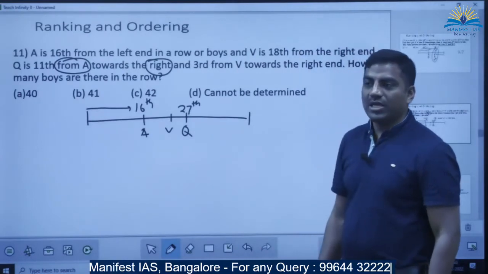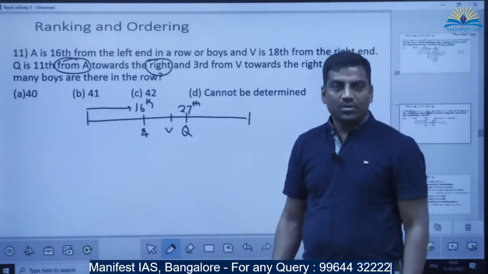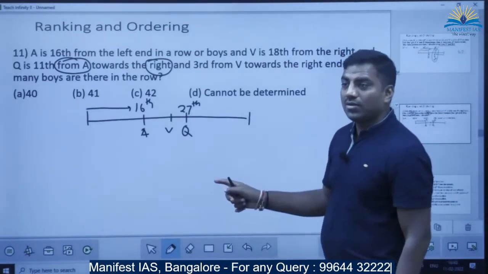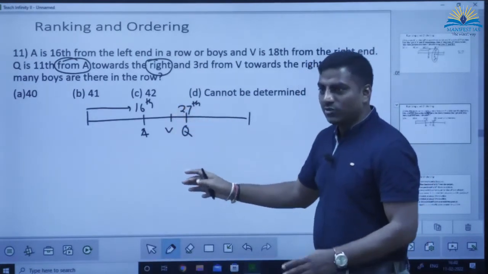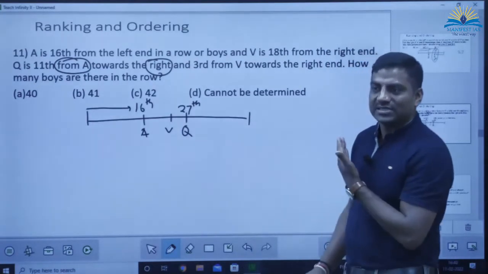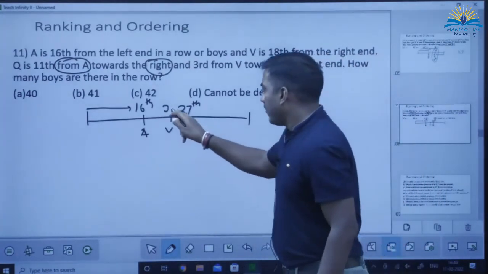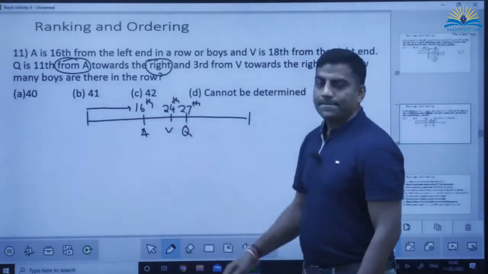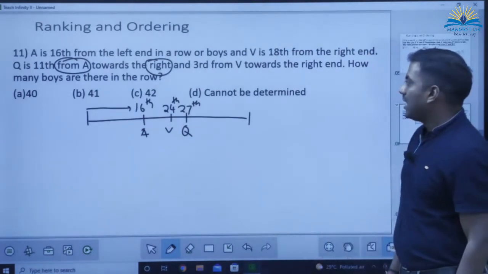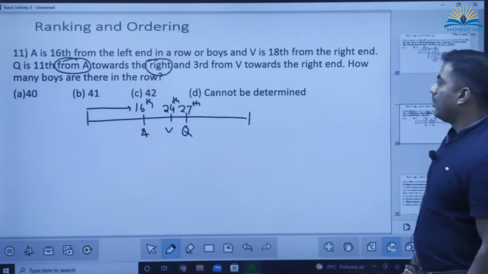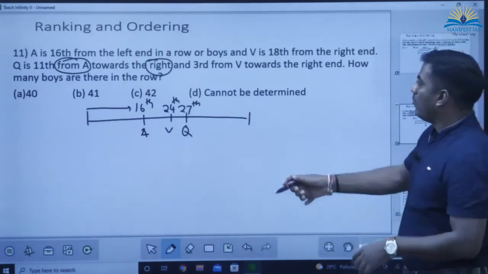So what is the position of V? Q is 27th. He is third from V. That means V is 24th. 25, 26, 27. So this is 24th. Correct? Now what are they asking? How many boys are there in the row? We have missed this.